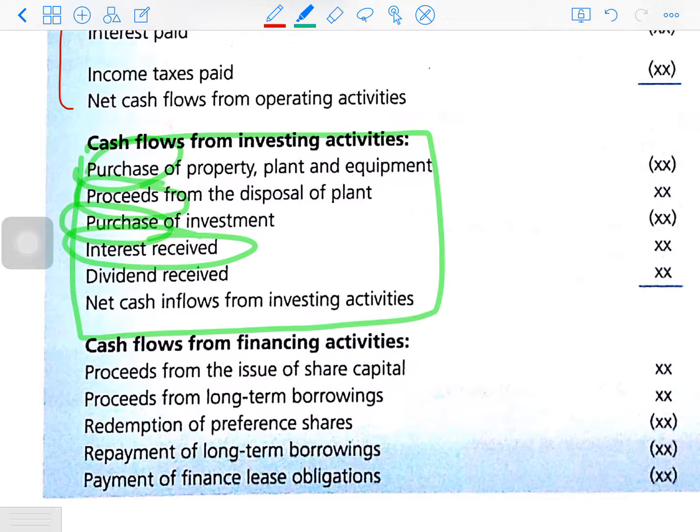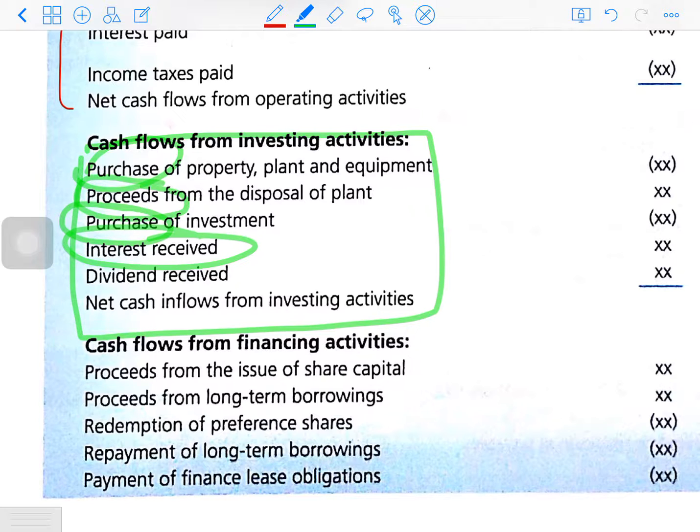Okay, activities here normally means money going out, money coming in. So money coming in, normally you will have income from investments, like dividend, like debenture interest. So it can also be included in investing activities.